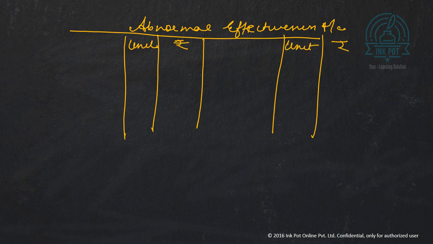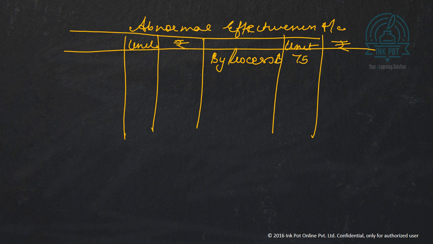Now in this case we have by process B, there were 75 units and the value was 225, right?